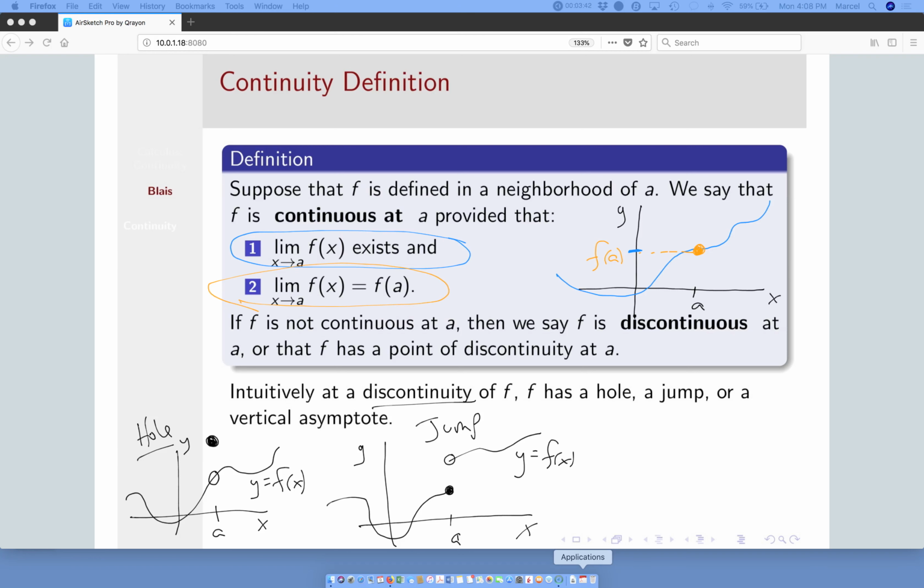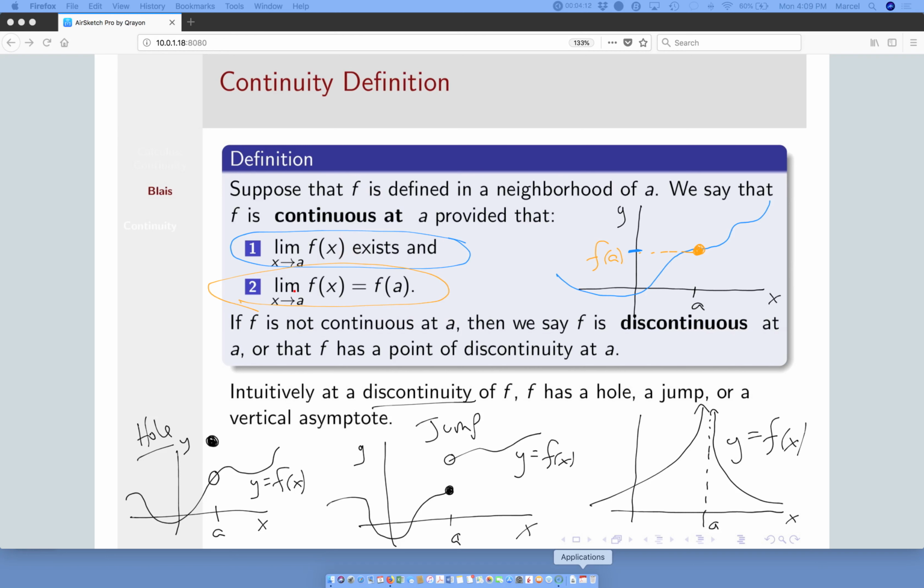and then we also have a vertical asymptote or an infinite discontinuity. So in this case, you might have something like this. And in this case, A wouldn't even be in the domain of f. But we have this discontinuity, and again, we can look at what breaks in the definition. In this case, the limit doesn't exist.